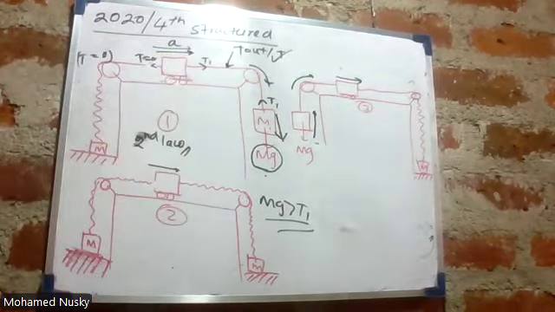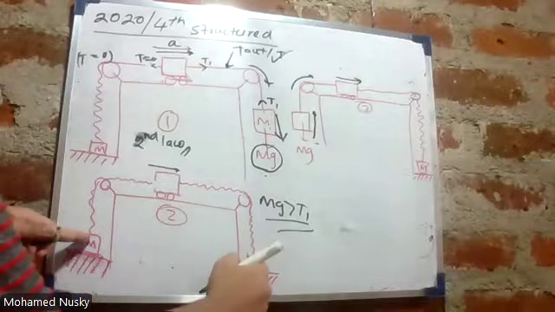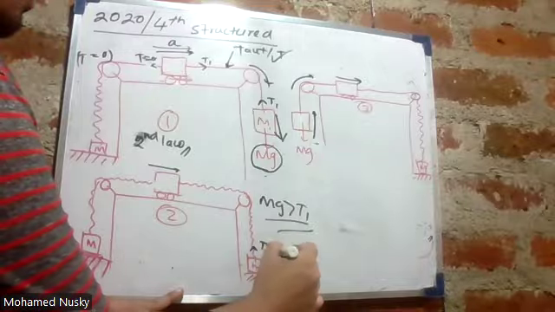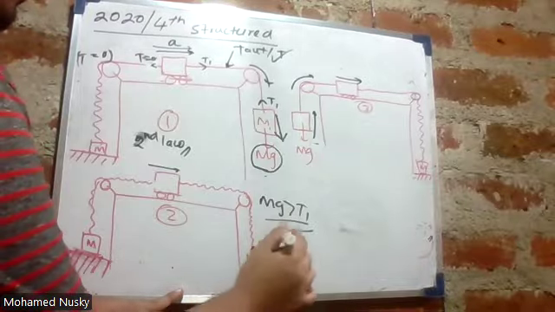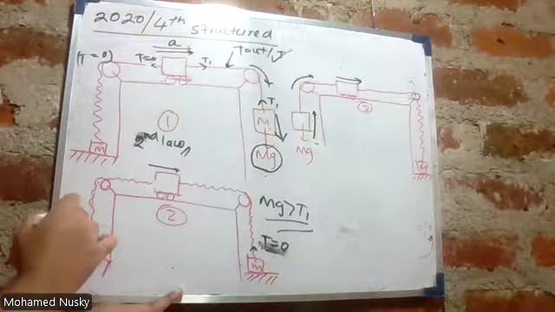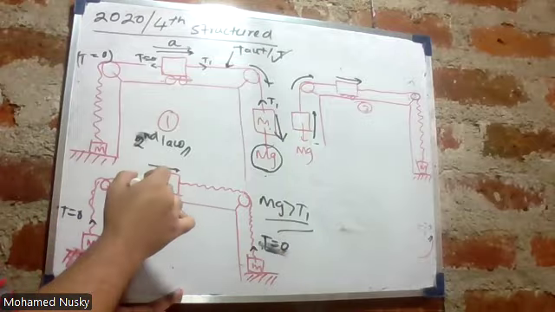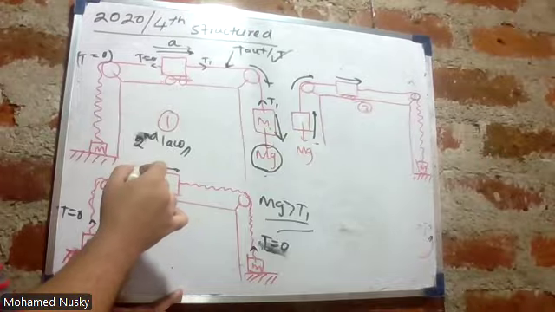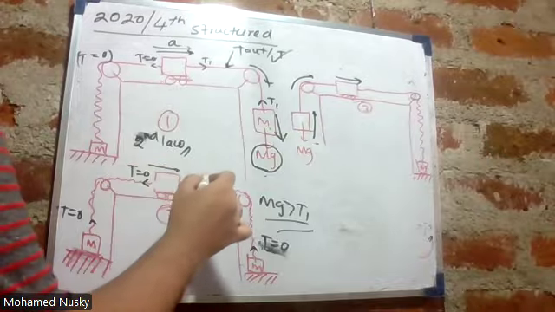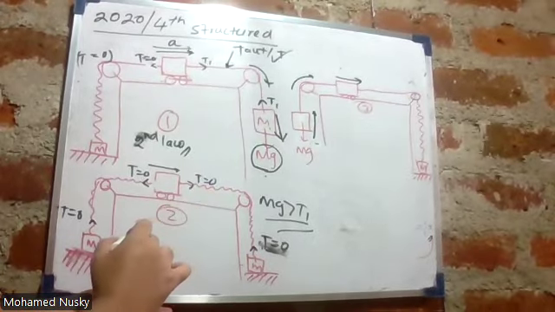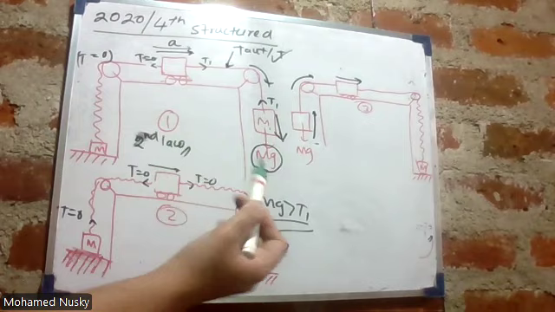But here, if you see, both the strings are wavy. Both the masses are in contact with the surface. Therefore, tension is 0. Here also, tension is 0. Here you can see the external unbalanced force is 0.